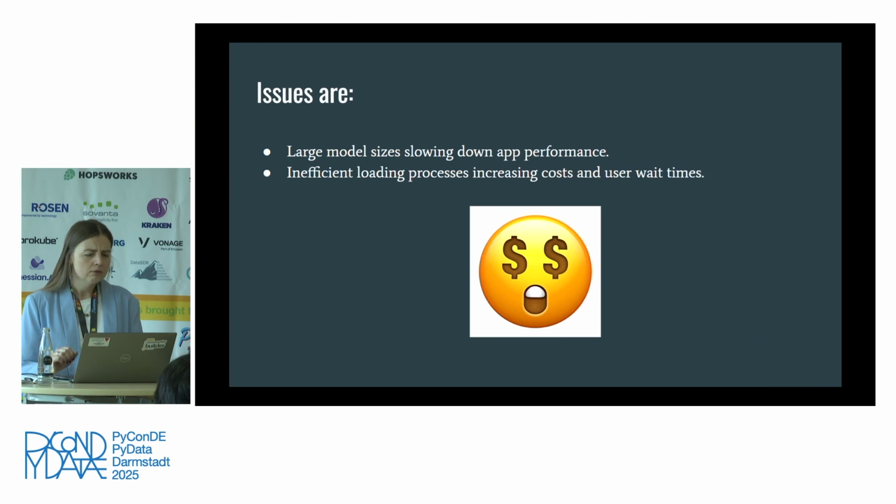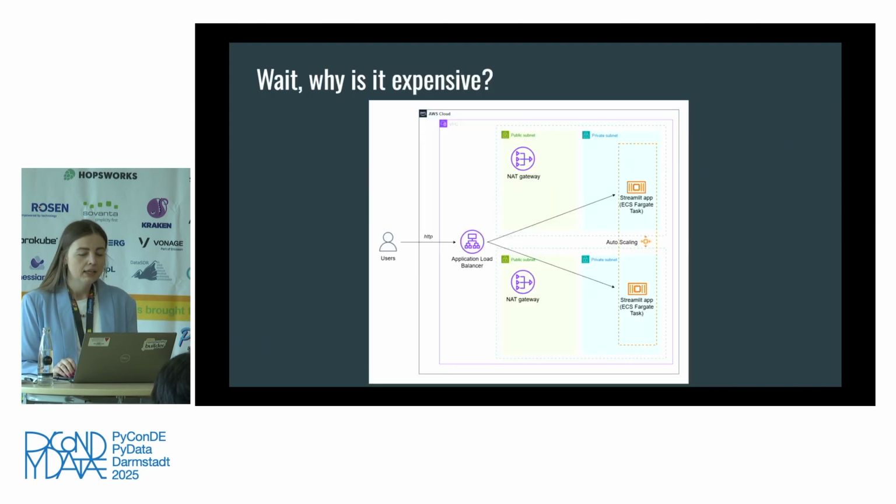And why costs? Because I don't pay anything when I download a model from Hugging Face. It's free. So why costs? If we take a look at a simple architecture, when we try to deploy our Streamlit app to, for example, AWS or a public cloud, it may look like this.